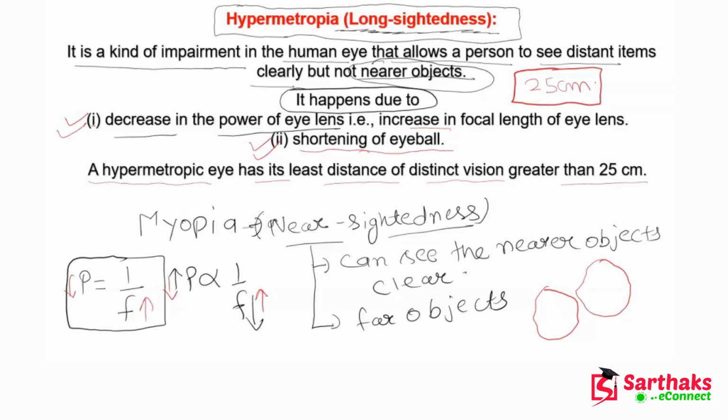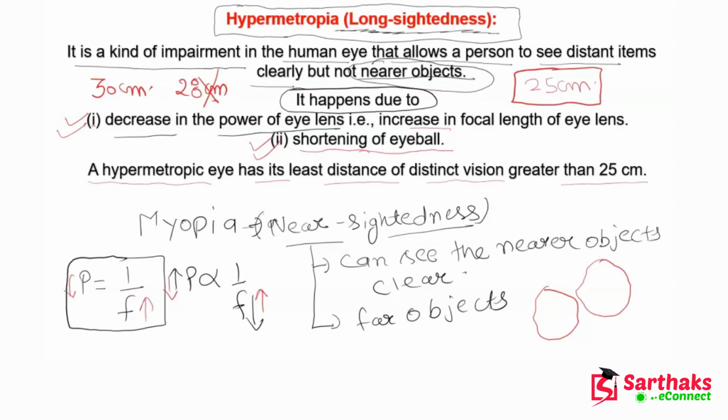But guys, what happens if a person has hypermetropia? Then this near point will change. Let's suppose it will become 30 centimeter. So it means a person cannot see the object which is at 28 centimeter. Why?